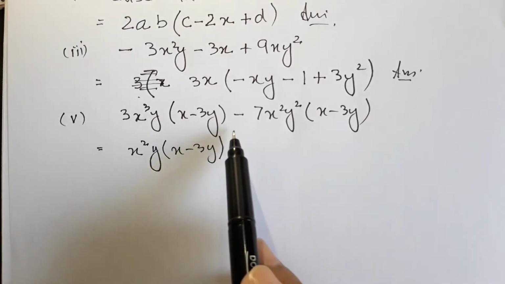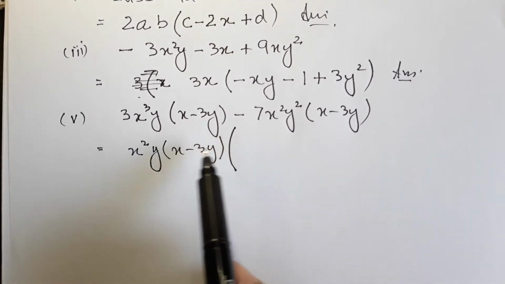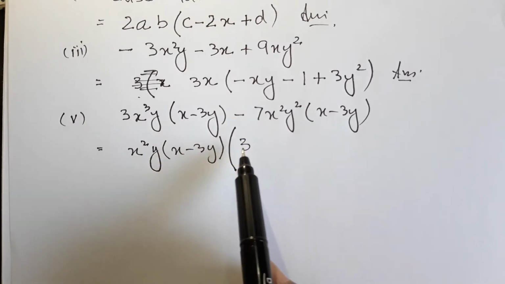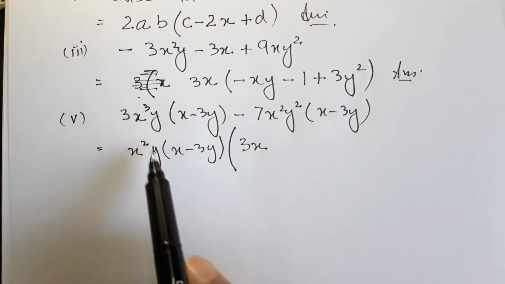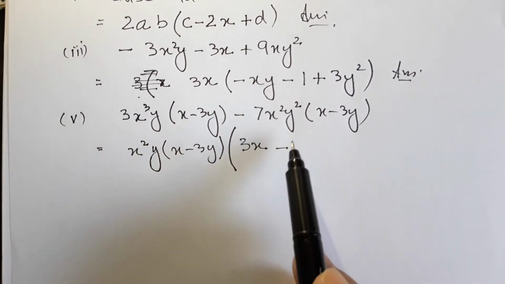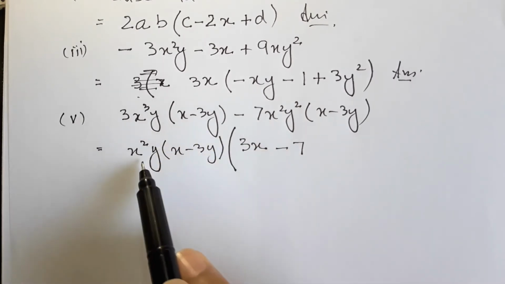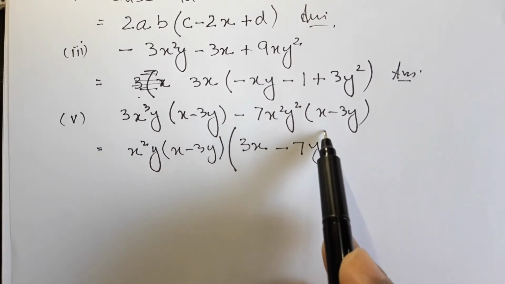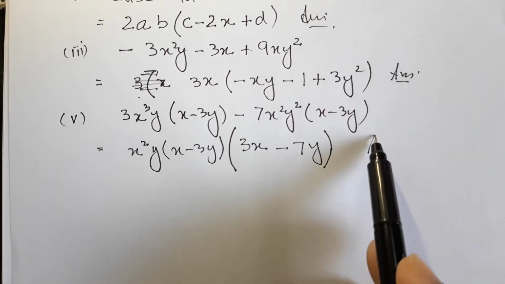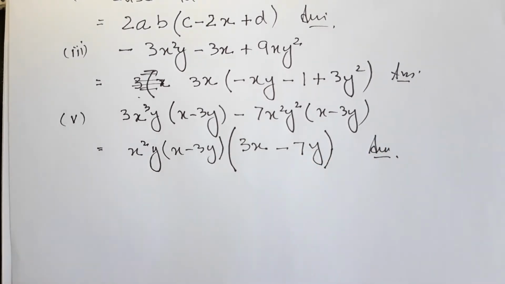This is our multiple. Now the remaining values are 3, x, y is common. Minus 7, x square common, y, only y will be remainder. So this is the answer.